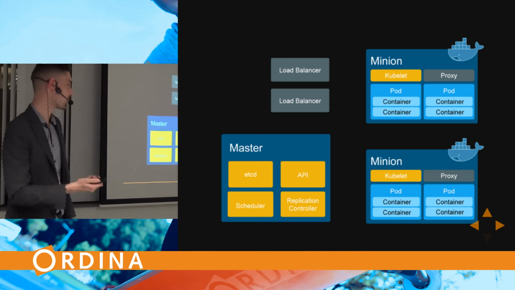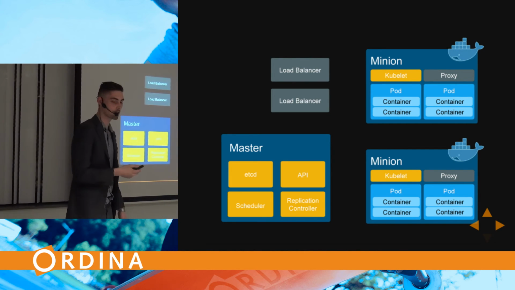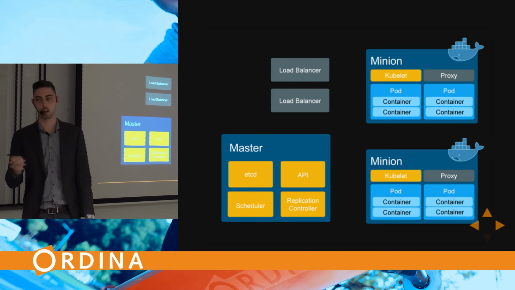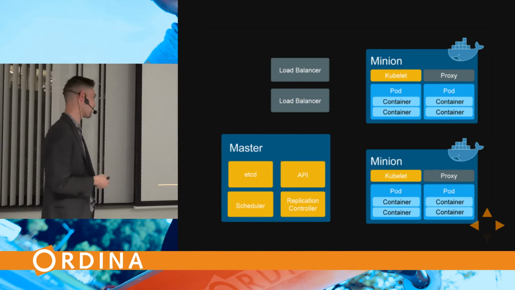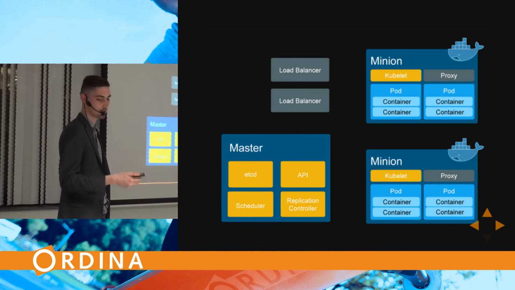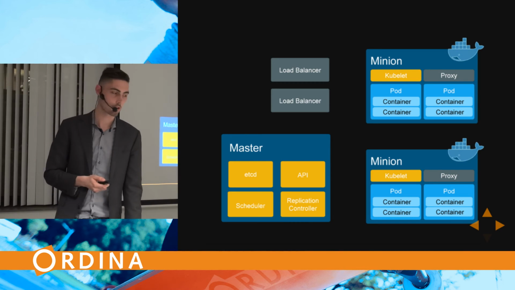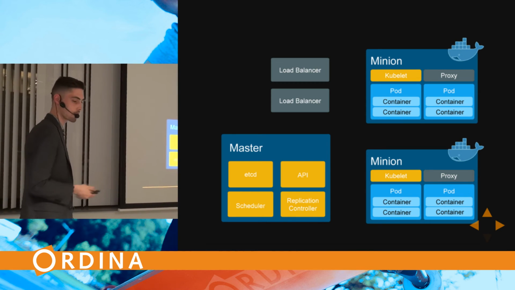And there's also a replication controller that will check how many instances of a certain pod are running. So if you say, hey, I want to run this pod 4 times, it checks, okay, is it running 4 times? Okay, no, it's only running 3 times, and it will schedule a new pod to run on a minion.